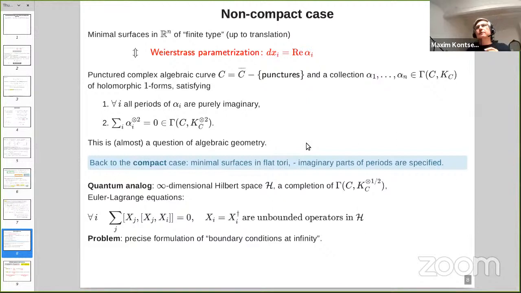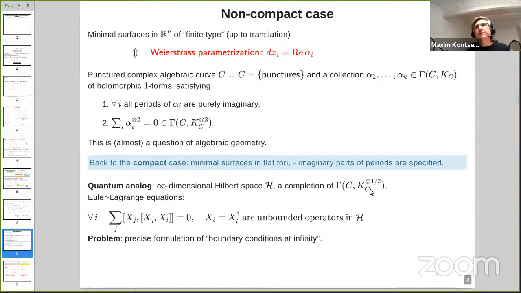Yeah, but okay, now let's jump back to non-compact R^n things. So we get this map to R^n, which is described by some kind of nice algebraic geometry. And if you try to see what the quantization will be, definitely the Hilbert space will be infinite dimensional because the surface has infinite area. It should be roughly some holomorphic functional sections of the canonical bundle on the curve.